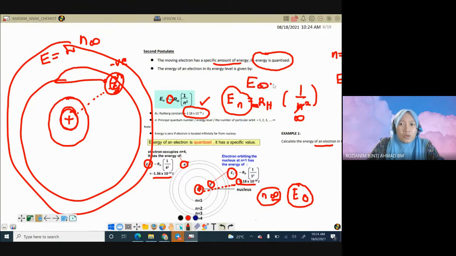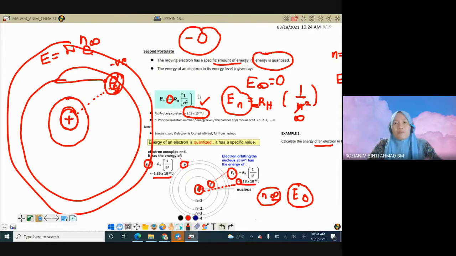Bila 0 bermaksud nukleus yang bercharge positif dah tak boleh tarik elektron. Takkan kita nak tulis negatif kosong? Kosong, positif, negatif. Negatif simbol ni merujuk kepada kesan yang dirasai oleh elektron itu yang ditarik oleh nukleus. Sebab itulah postulate nombor 2 masih ada negative sign.